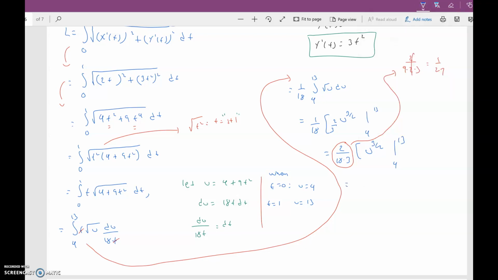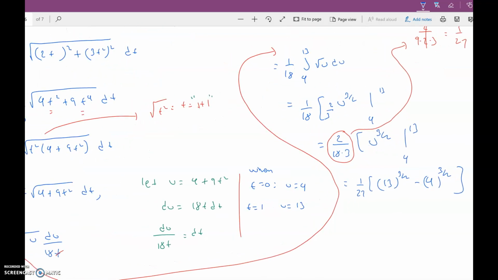So this is equivalent to 1/27 times, well, 13 to the 3/2 minus 4 to the 3/2. You can simplify the 4, but it's not going to give you much. Let me double check. So this is 3/2. That's going to be 2 to the 3rd, 8.